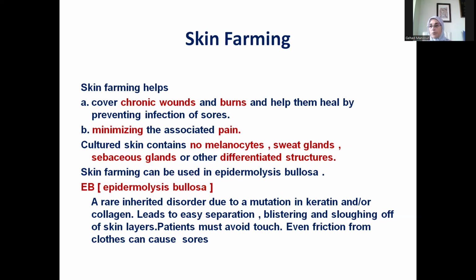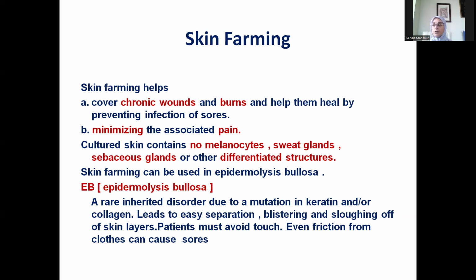For example, if the mom doesn't have any abnormal genes, but she takes harmful medication during the first trimester, during the first 3 months of pregnancy, and the fetus or the baby is born with an abnormality, this is not a genetic disorder. This is a congenital disorder. Of course, needless to say, all genetic diseases are congenital, but not all congenital diseases are genetic.